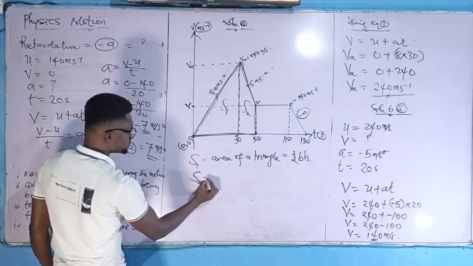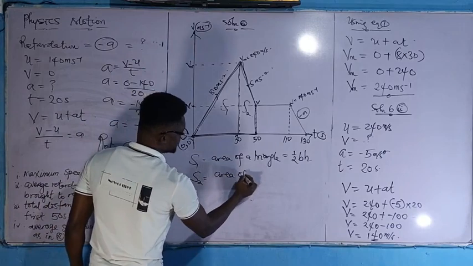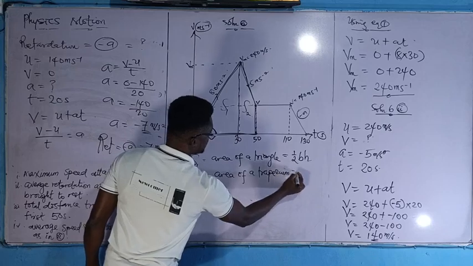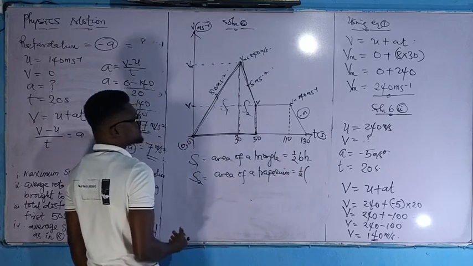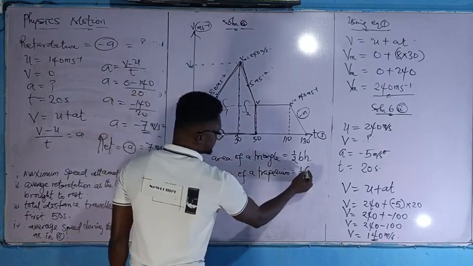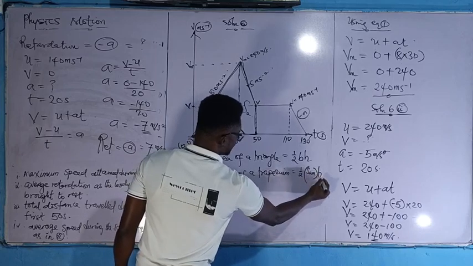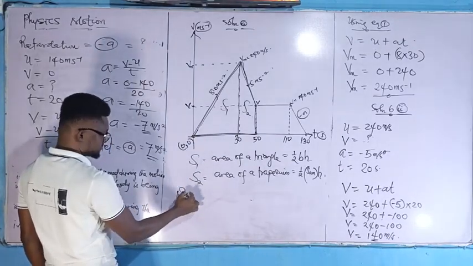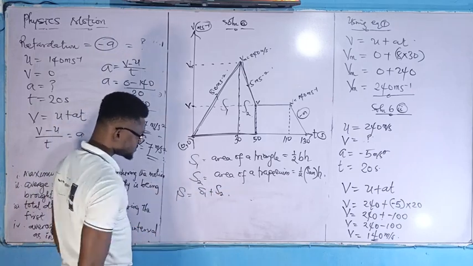Then S2 is the area of a trapezium, which is half the sum of parallel sides times height. So the total distance becomes S1 plus S2.